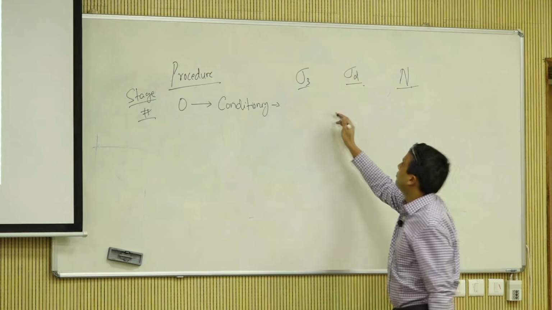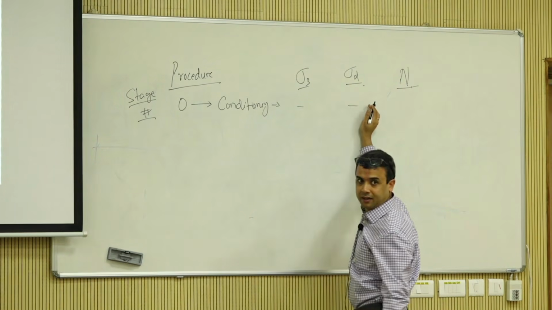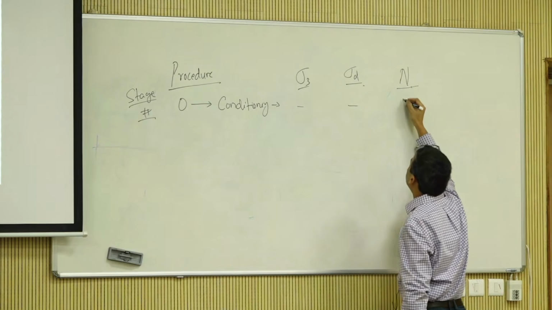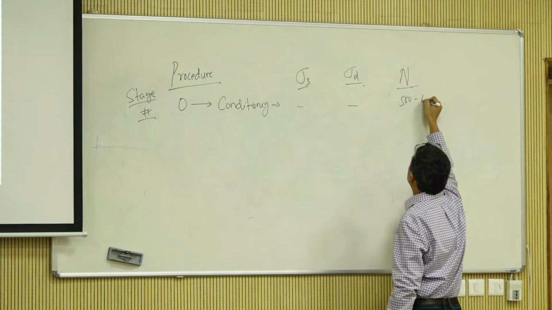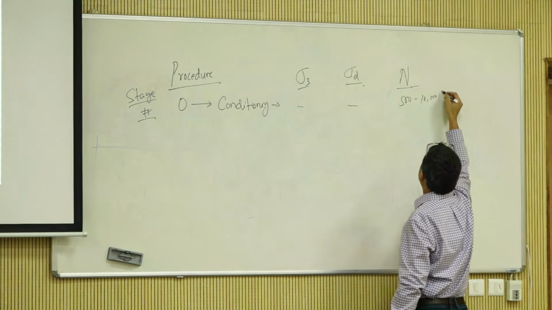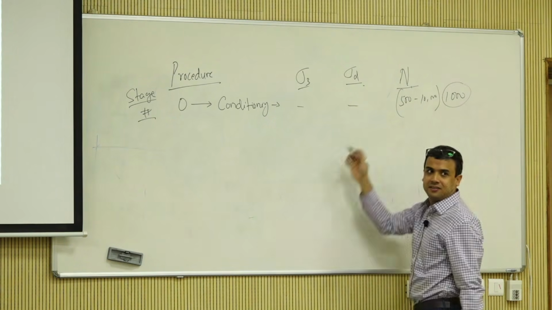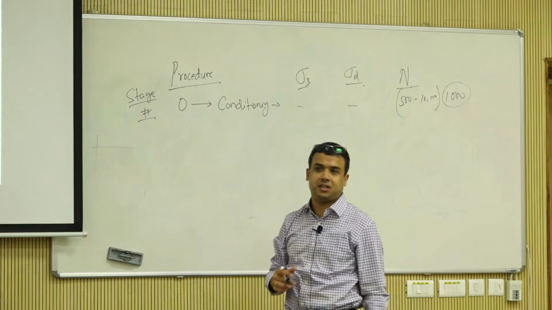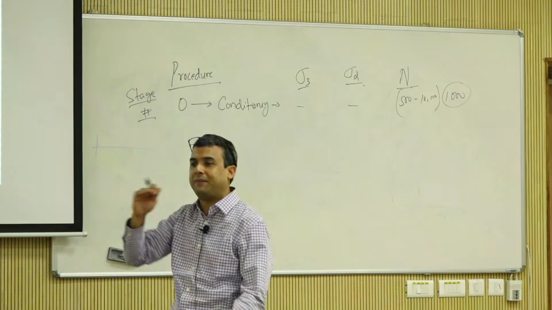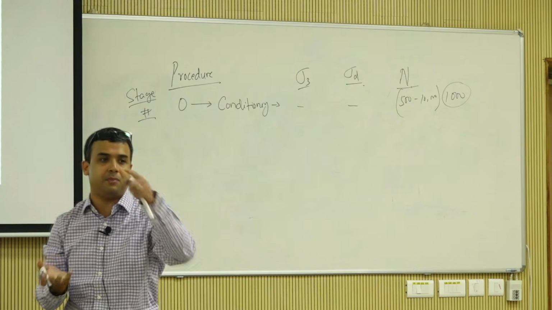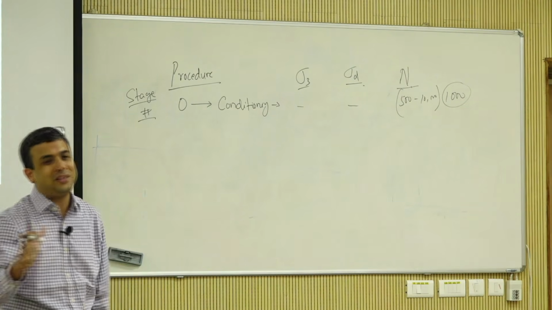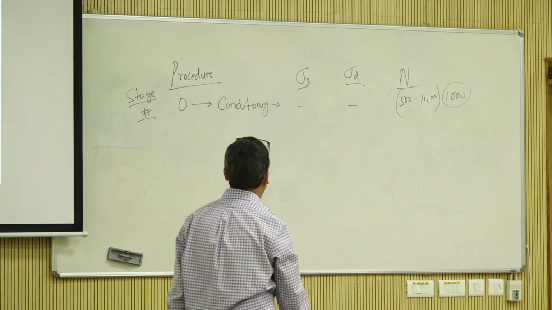We'll look into that. But conditioning is usually 500 to 10,000 cycles. What I have done most commonly in my life is 1,000 cycles of conditioning. There is a requirement that after conditioning you should not have permanent deformation more than a certain amount, but with a well compacted sample, 1,000 cycles usually works.